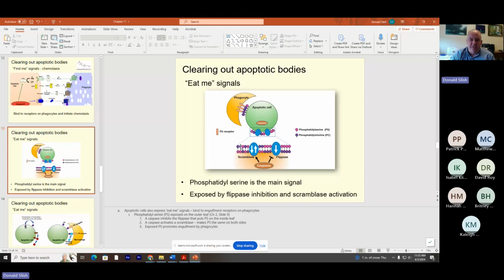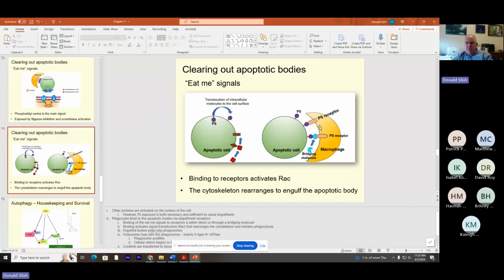So now half the PS is on the outside, and that phosphatidylserine becomes a receptor for proteins on the phagocyte to grab that apoptotic cell. And here's another look at that. Here's your phosphatidylserine sticking out, and receptors on the cell are going to grab it, surround it, bring it in, and fuse it with the lysosome to digest that apoptotic body.